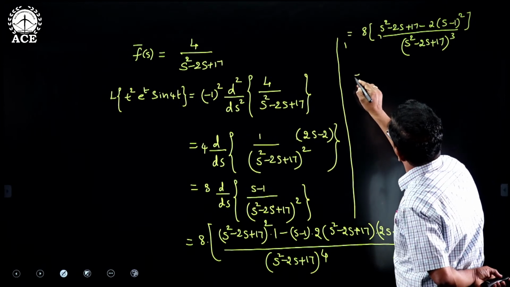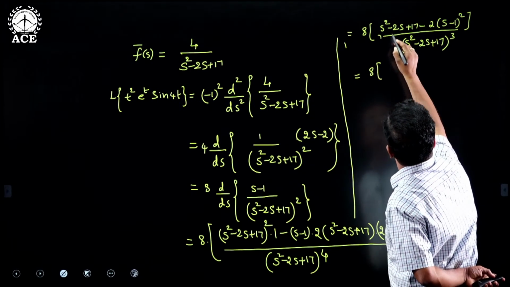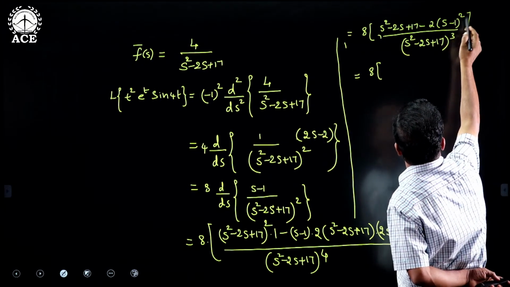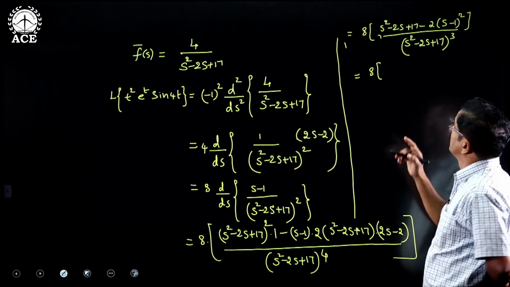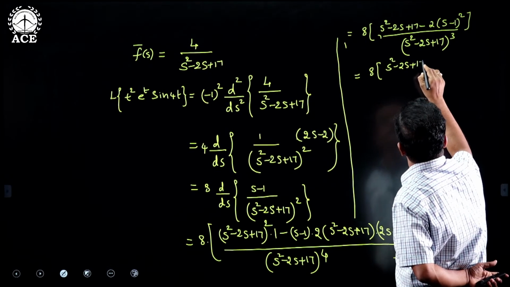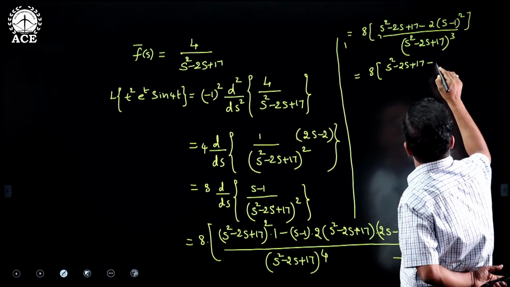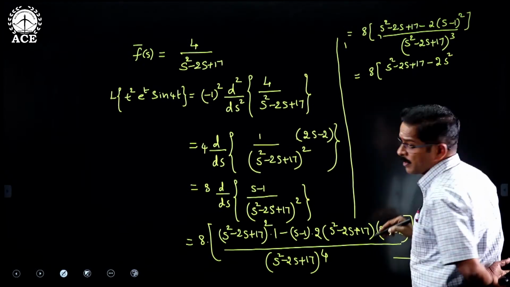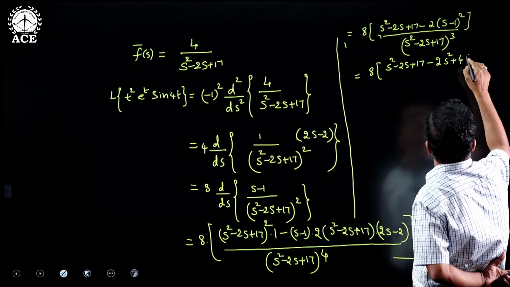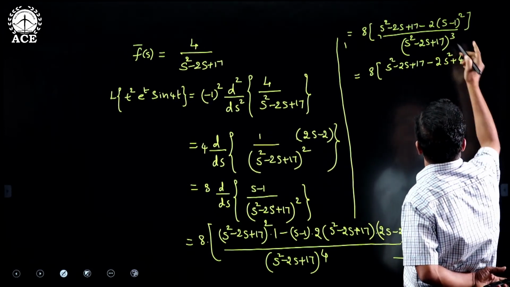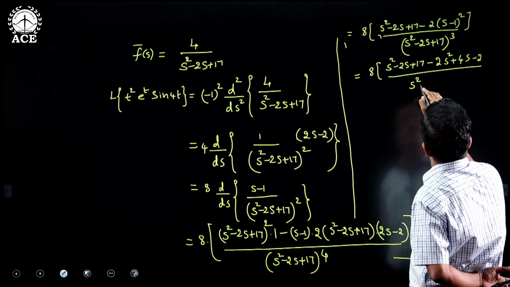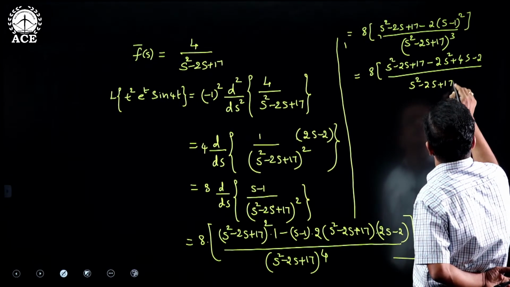Now try to simplify the numerator part. We have s square minus 2s plus 17 minus 2 into s minus 1 whole square by s square minus 2s plus 17 whole cube.